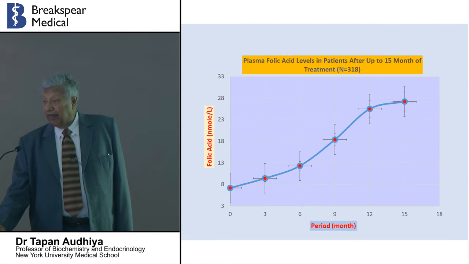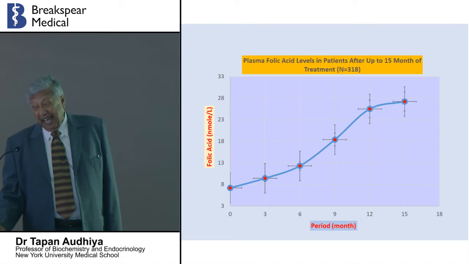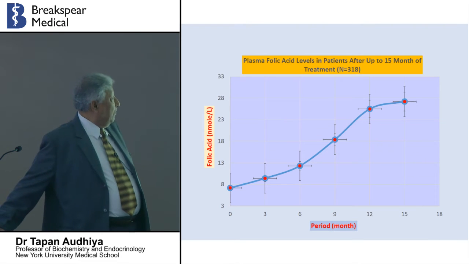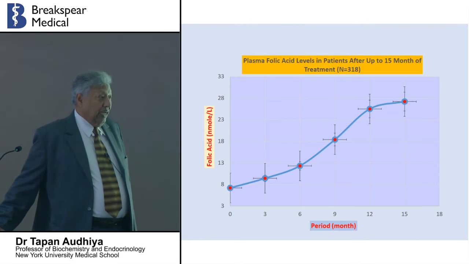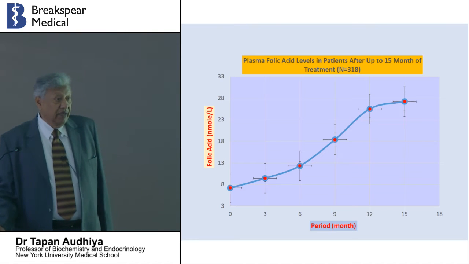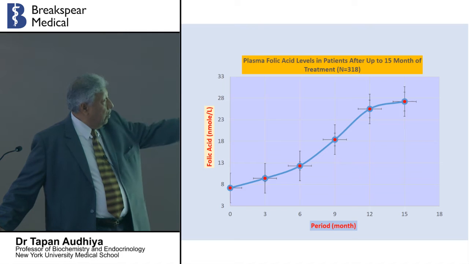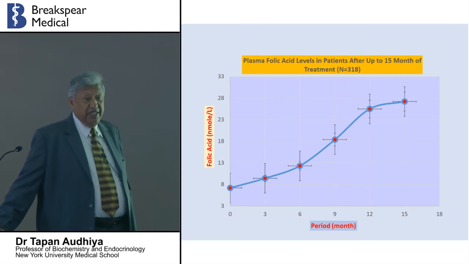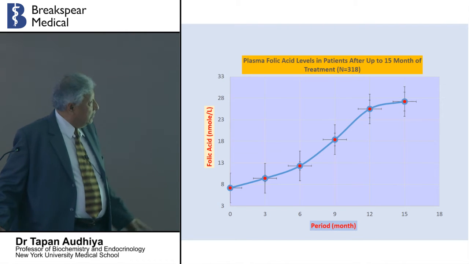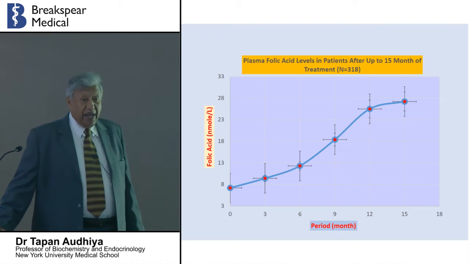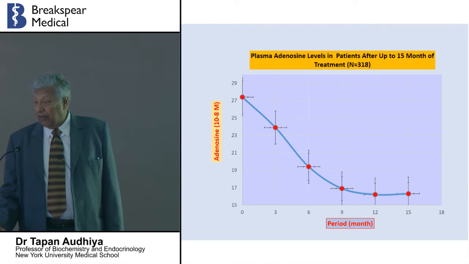This is the plasma folic acid. This is not very useful data, because a very high level of plasma folic acid is not a very good thing. The only thing we wanted to see is how many residues of glutamic acid it has. Now the one which had glutamic acid, we only measured that one.